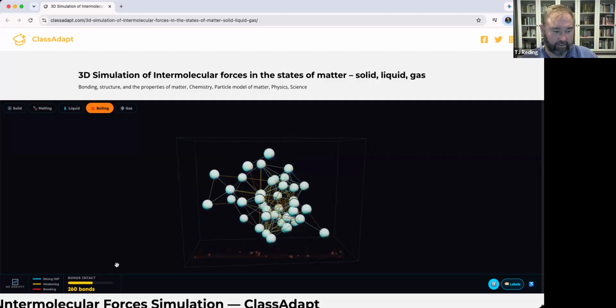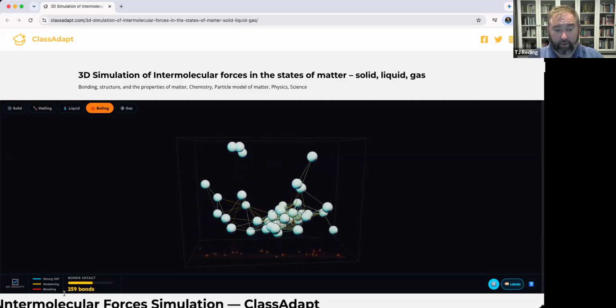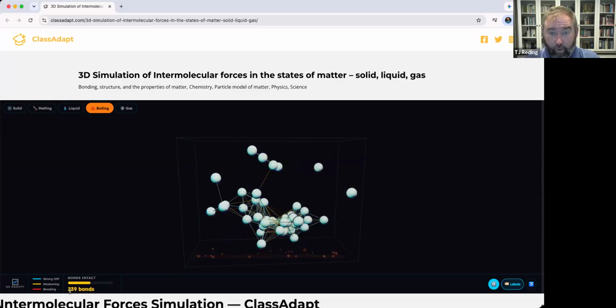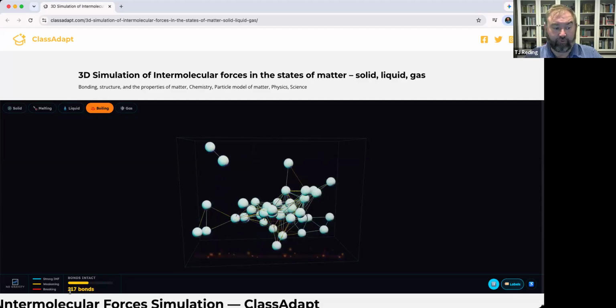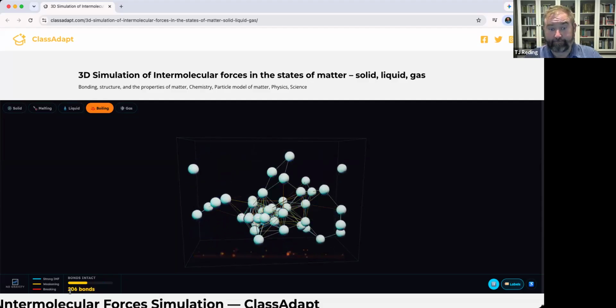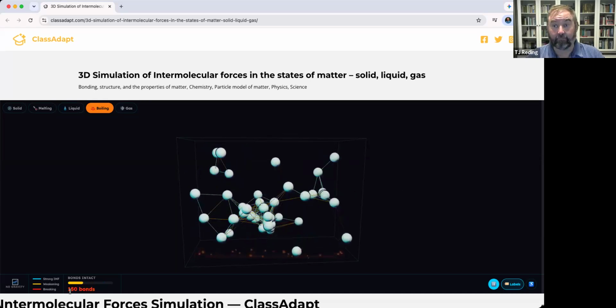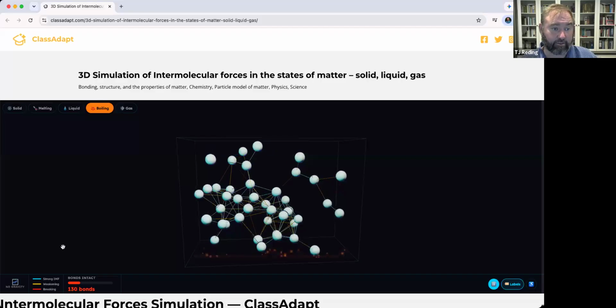You'll also notice that our bonds have really weakened down here, by half. So when we've got water in a boiling state, the molecular bonds that hold it together have dropped significantly. They're weakened. Now, I'm not a science teacher, but I can see that, and I can see how clear it becomes for the students.